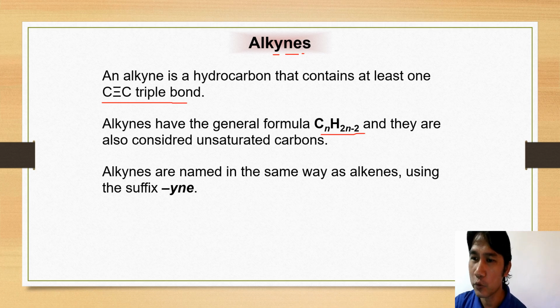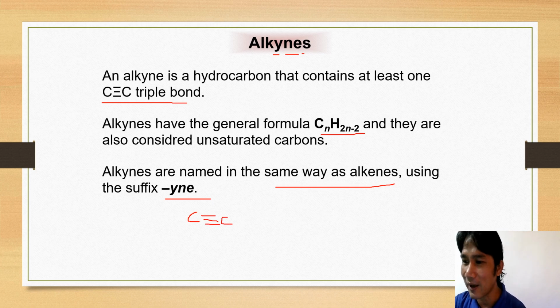You just have to name alkynes the same way you apply the principle when naming alkenes. You just add the suffix yne to the root word. For example, the simplest alkyne has two carbon atoms.